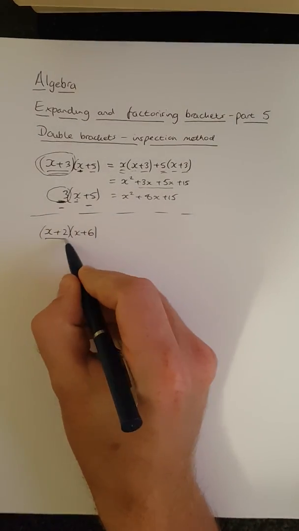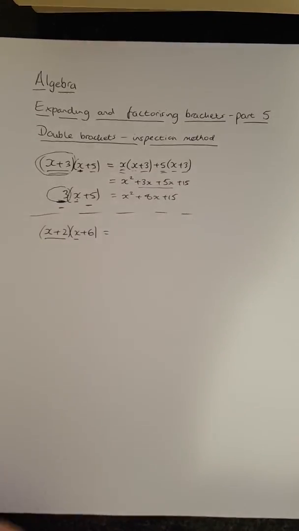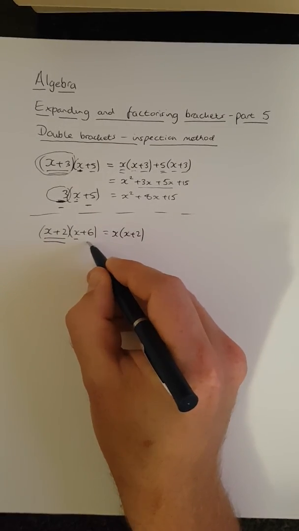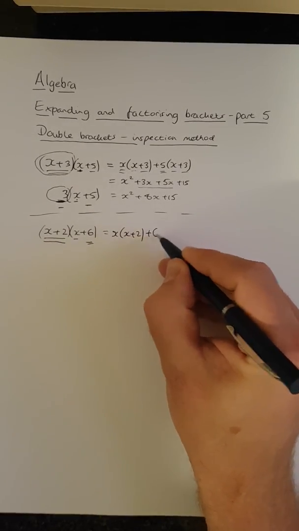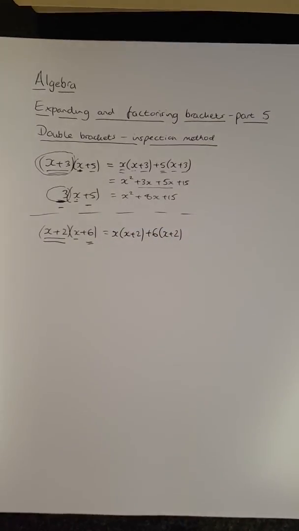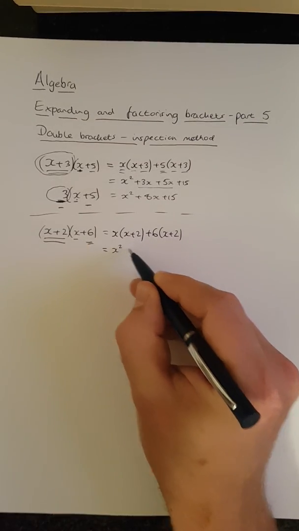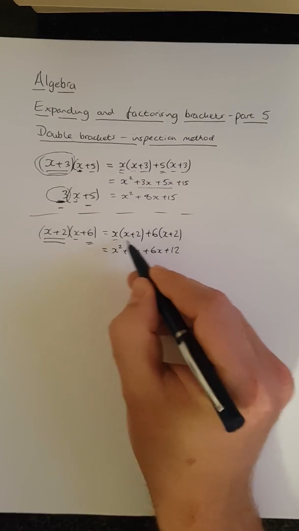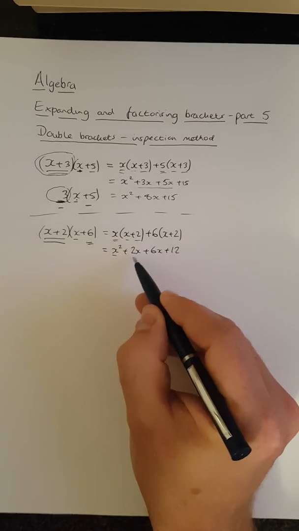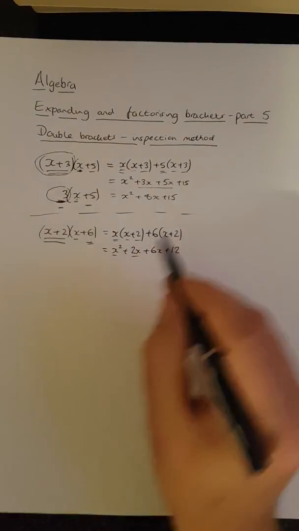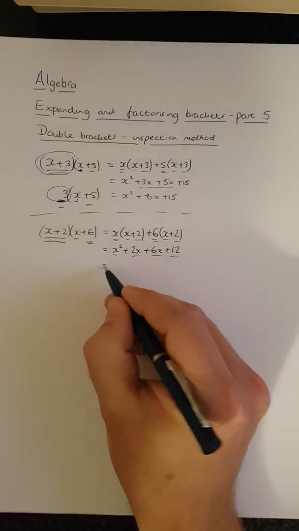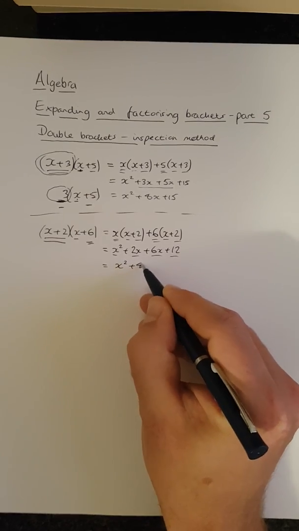So I take what's outside and multiply it by the first term, and then what's outside and multiply it by the second term. Then I just expand the brackets like so, like so, like so, and like that, simplifying the 2 that I can.